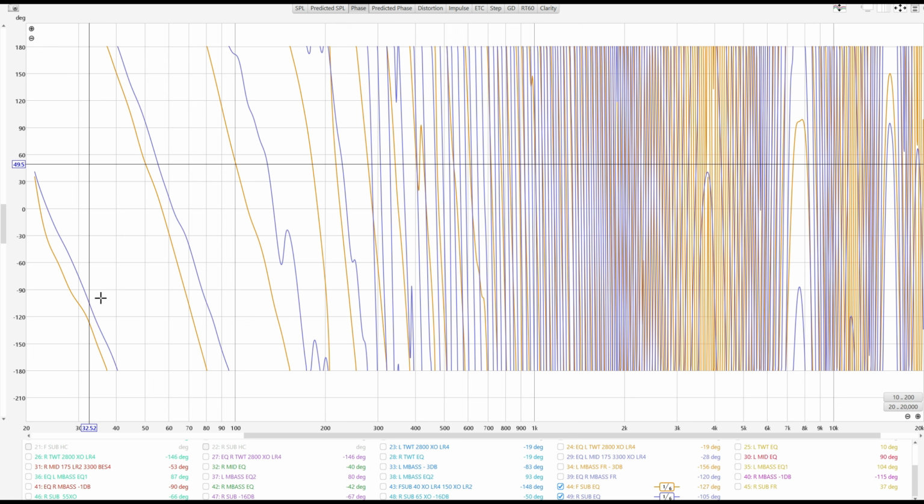What we're actually looking at is the frequency versus the degree of phase that the speaker is out in relation to the reference wave. So that's a complicated way of saying you're not really looking at the raw phase of a speaker. You're looking at the difference between the reference and the speaker measurement.